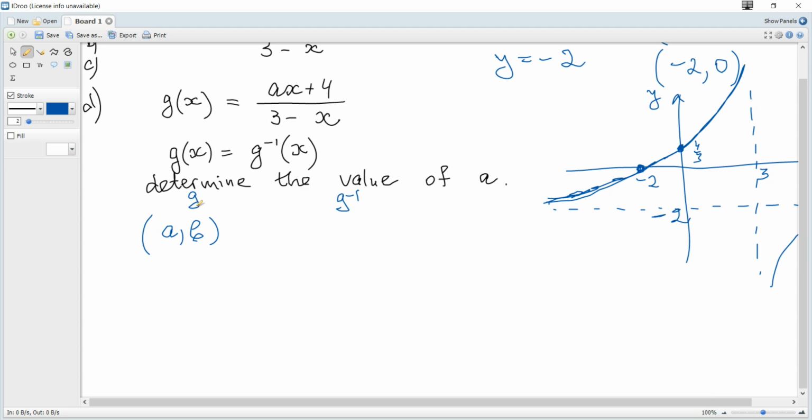So if a, b belongs to a function, b, a belongs to its inverse. It's not necessary that the function should be self-inverse. It's in general for any function and its inverse. But if it's self-inverse, it means g is equal to g inverse. It means that b, a also should belong to just g.